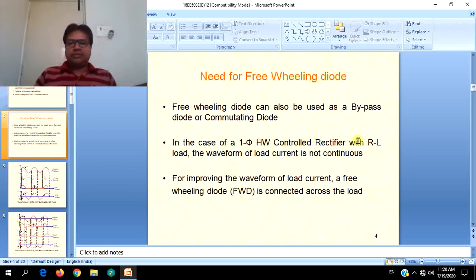In the case of a half wave controlled rectifier with RL load, the waveform of load current is not continuous. For improving the waveform of load current, a freewheeling diode is connected across the load. This is what we will discuss, how it is improved.